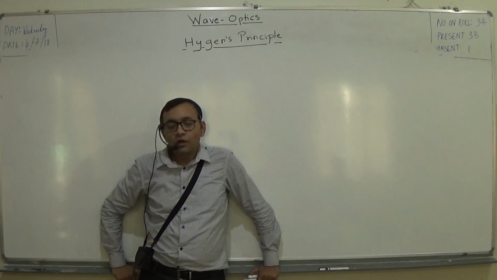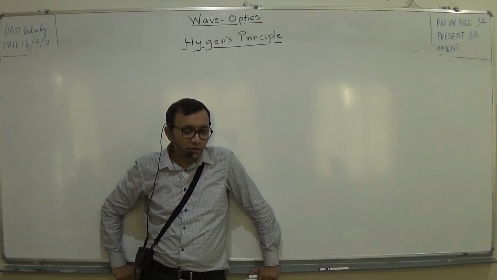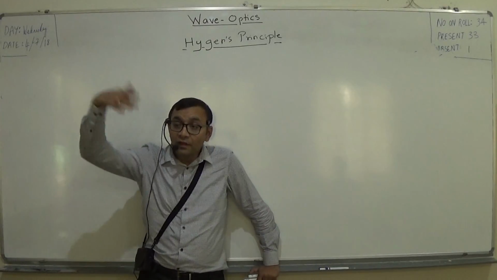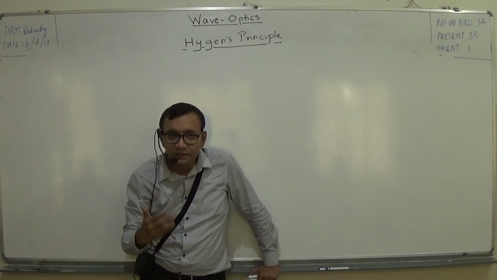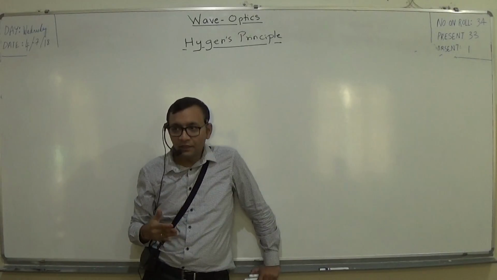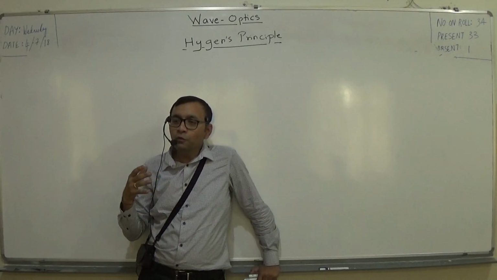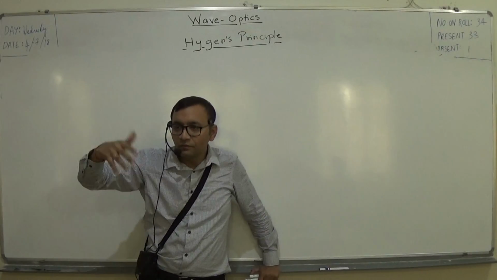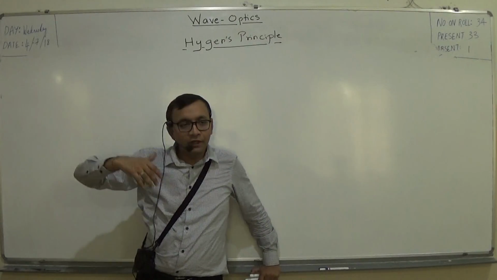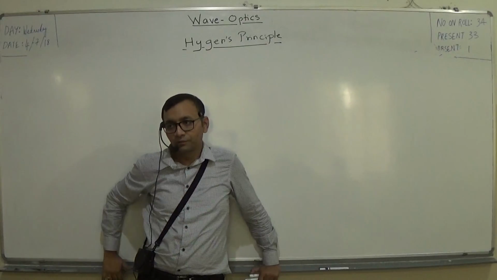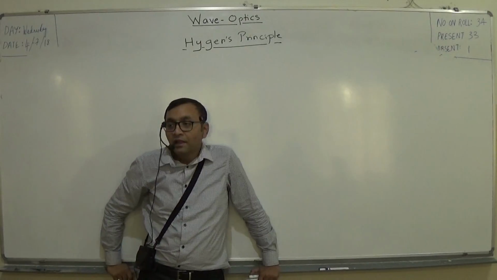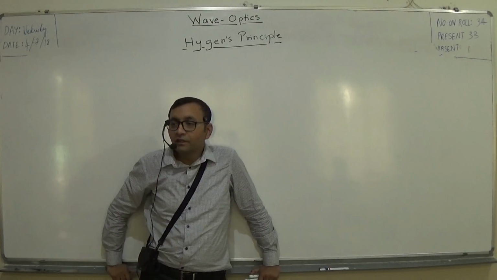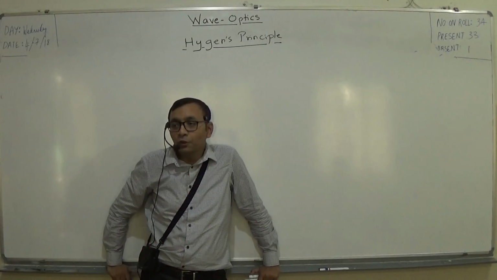Good. So Huygens' principle talks about how a wave will behave given the present scenario. Huygens' principle is trying to predict the future of the wave: what the wave will do later at a point in time given what it is doing right now. That is what we want. You have learned kinematics, v is equal to u plus at.